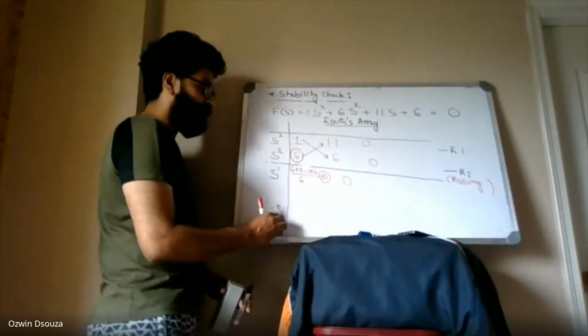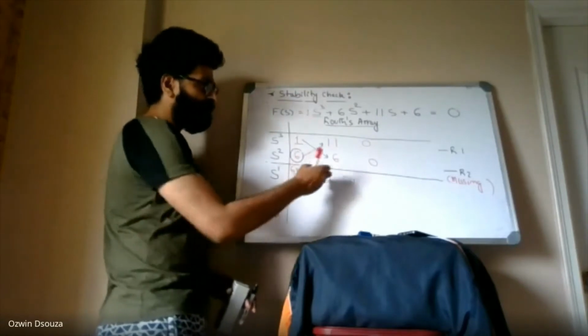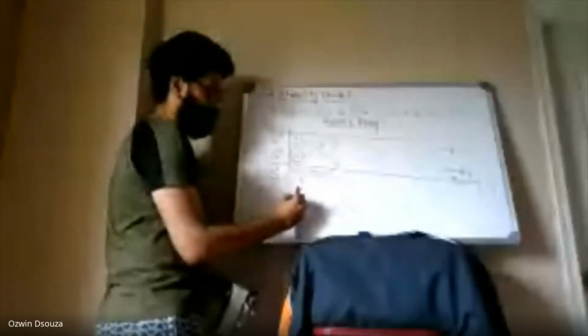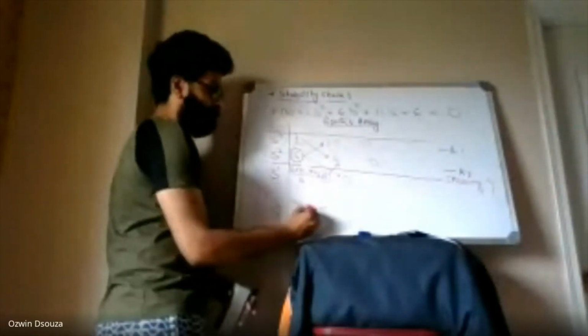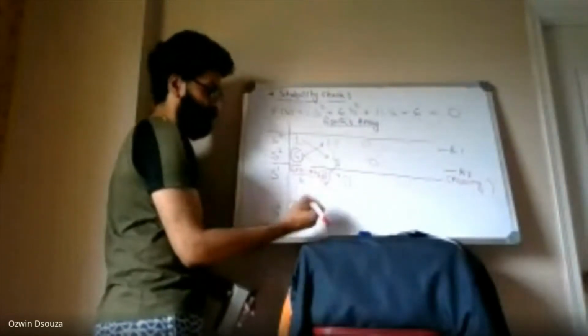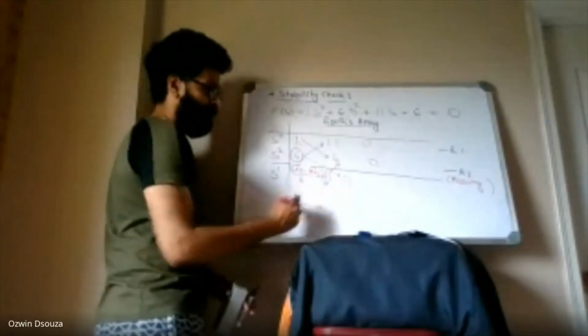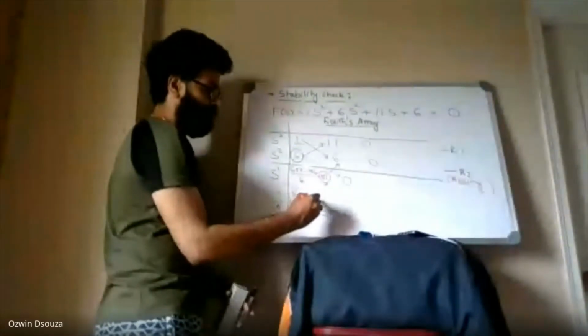Similarly, you try to find out s naught. How will you find s naught? 10 into 6 minus 6 into 0, divided by 10. How much will you get? This is 60 minus 0, divided by 10.